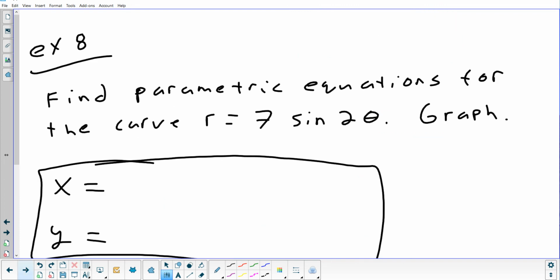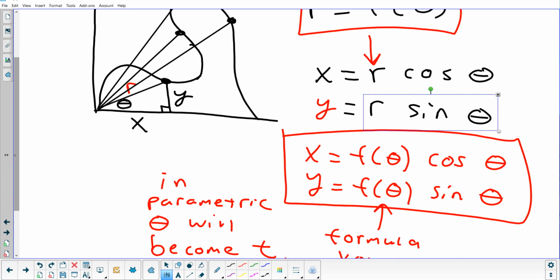Let's try it. Here's your polar equation: 7 sine 2 theta. So now the polar equation itself has a sine in it. That's fine. We still have to multiply it by what I said right here. Whatever they give you times the cosine, and whatever they give you times the sine.